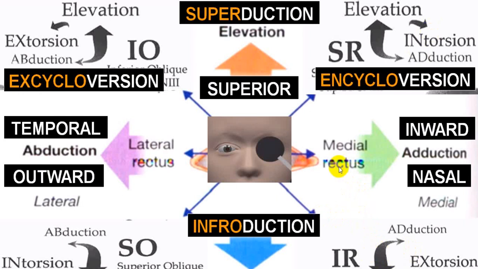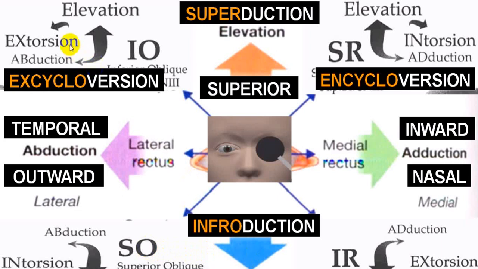So putting together, adduction will be done by superior rectus, inferior rectus, and medial rectus, while lateral movement, or abduction, will be done mainly by lateral rectus and partly by inferior oblique and superior oblique. Elevation will be done by superior rectus as well as inferior oblique, while downward movement will be done by superior oblique and inferior rectus.